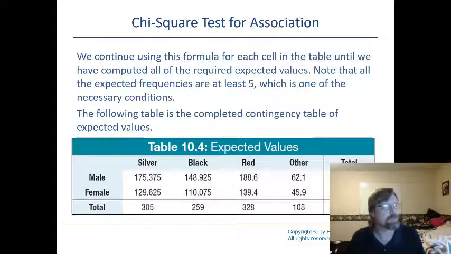I don't know if that's a property of contingency tables offhand, but I expect it might be. So now we've got the expected values.